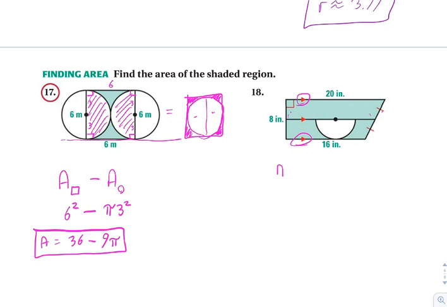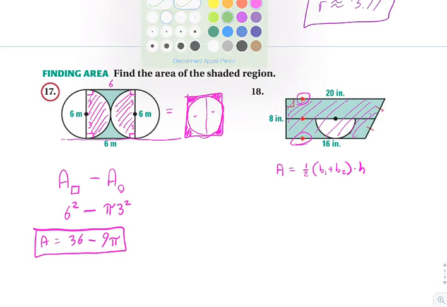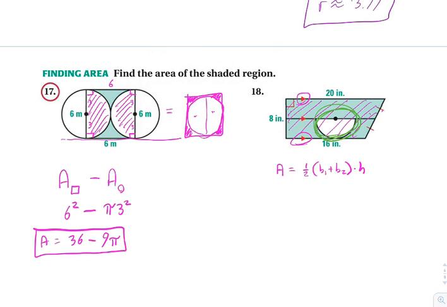So the area equals 1/2 base 1 plus base 2 times height, and that's going to give us the whole area. And then what are we taking out here? Well, we're taking out half of a circle, and I can see that because we have a diameter here.